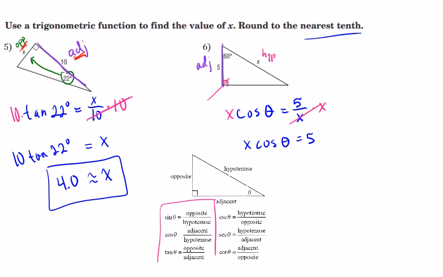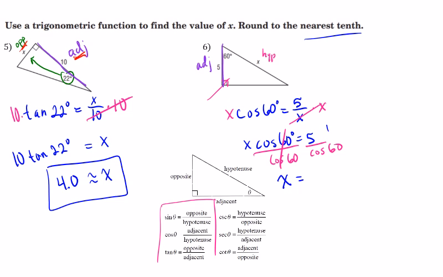One thing I forgot to do is that we do have an actual value for our reference angle, which is 60. So I want to put 60 in here. Sorry about that. All right, so cosine 60 equals 5 over x. We multiply both sides by x, then divide both sides by cosine 60, and we get x equals 5 over cosine 60.